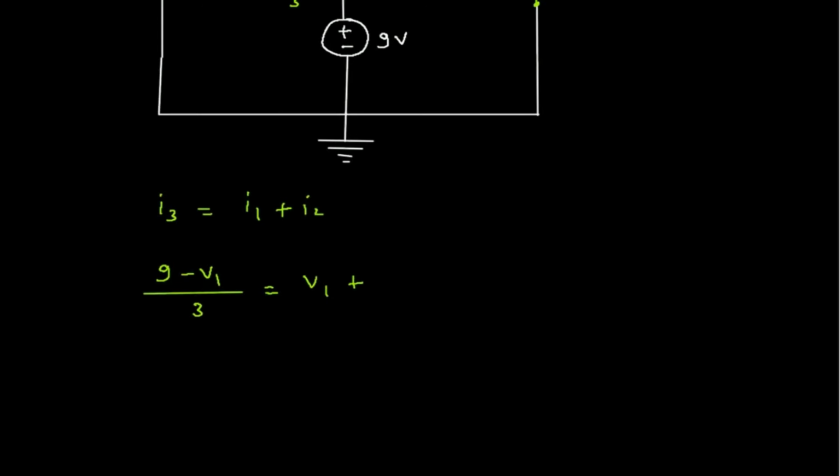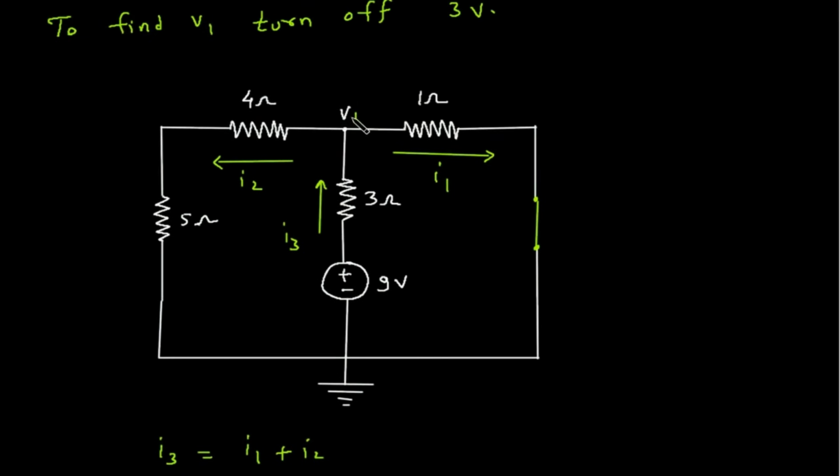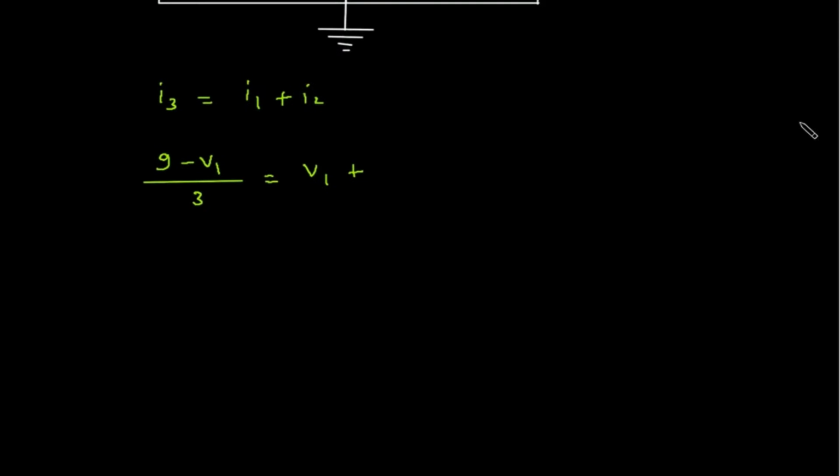plus I2. I2 is equal to V1 minus 0 by 4 plus 5, which is equal to 9. So I2 is equal to V1 by 9. Now this will be 9 by 3 minus V1 by 3 minus V1 by 9 is equal to 0.